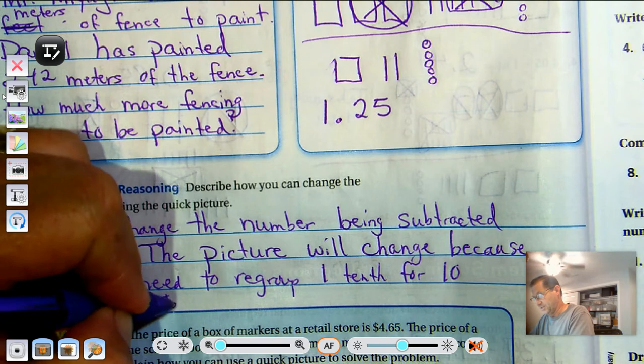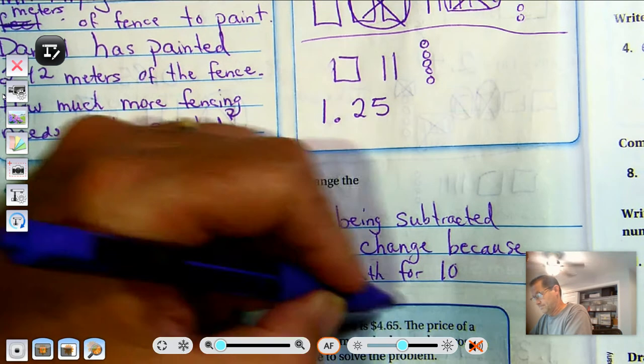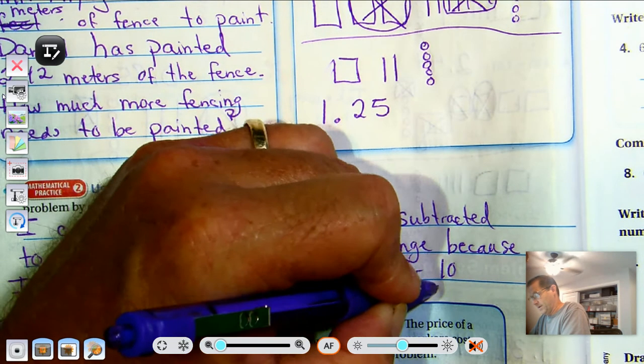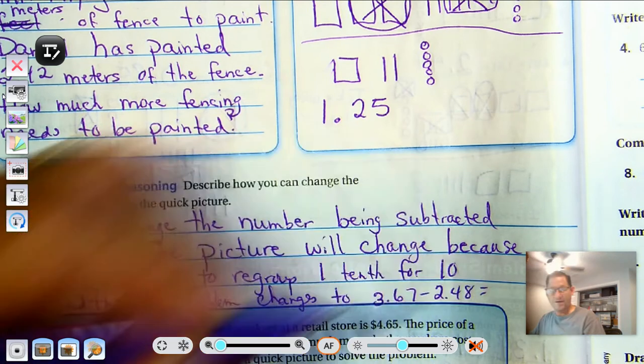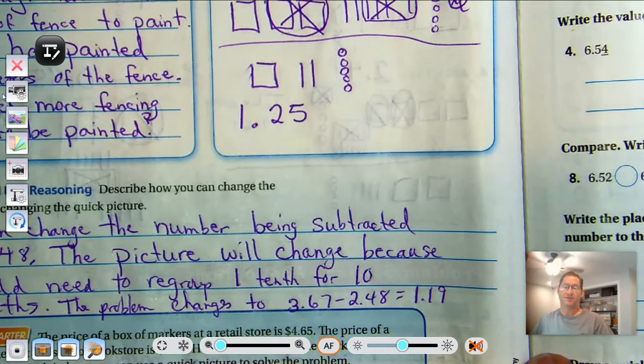The problem changes to 3.67, take away 2.48, which would be 1 and 19/100ths.